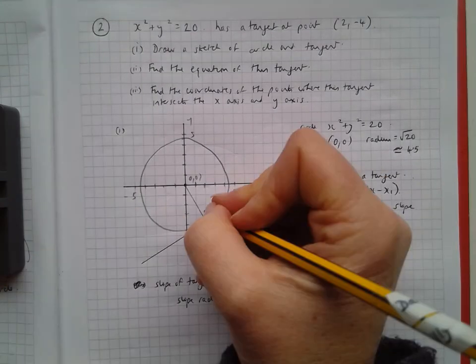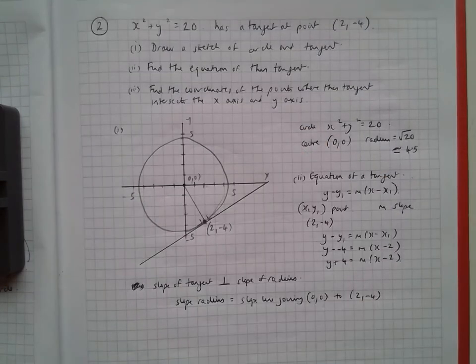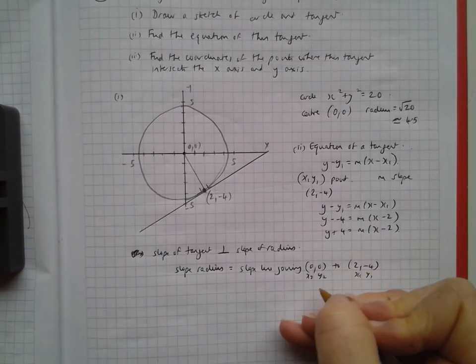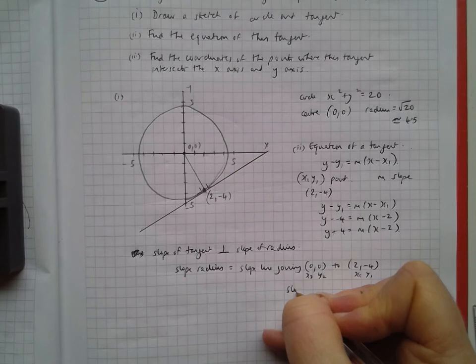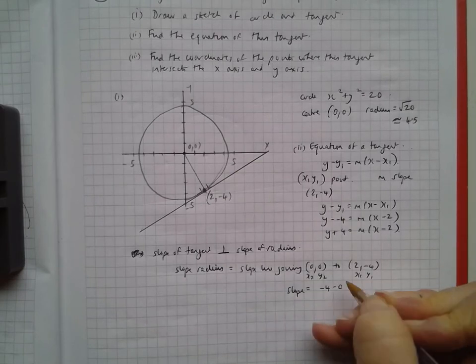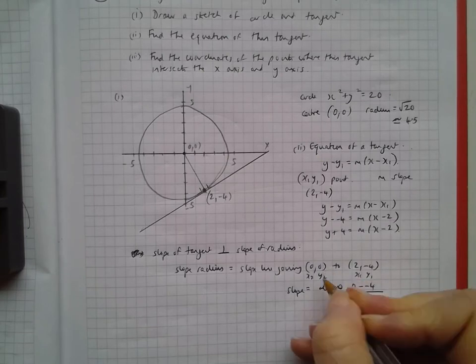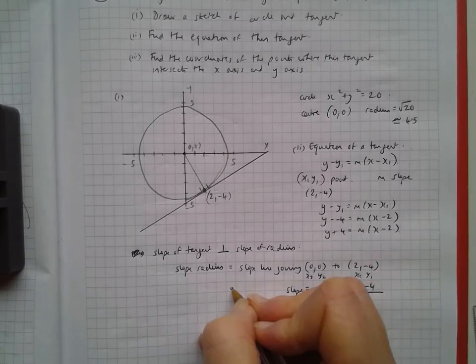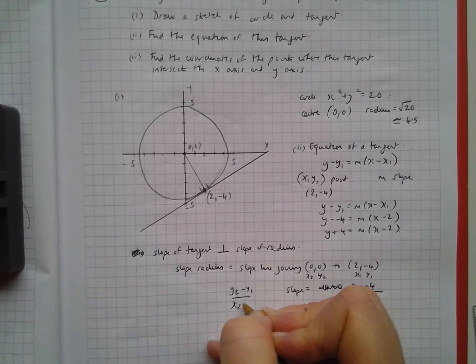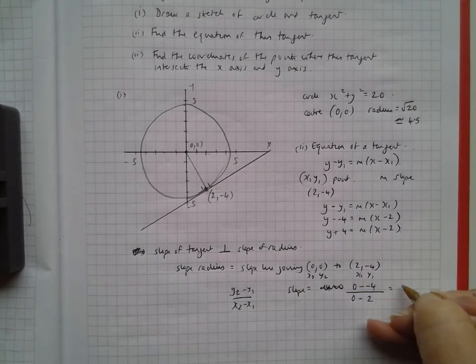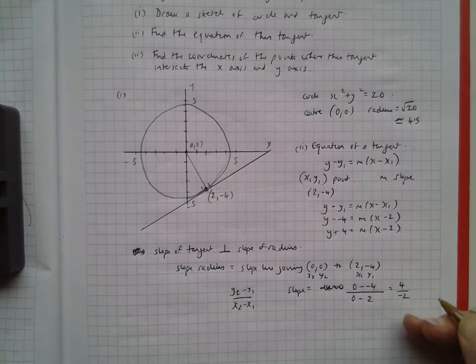Well, if I call this x1, y1 and this x2, y2, the slope is going to be minus 4 minus 0, because it's y2 minus y1, over x2 minus x1, so 0 minus 2. So it's going to be minus 4 over minus 2... it's going to be plus 4 over minus 2, which is minus 2 over 1.